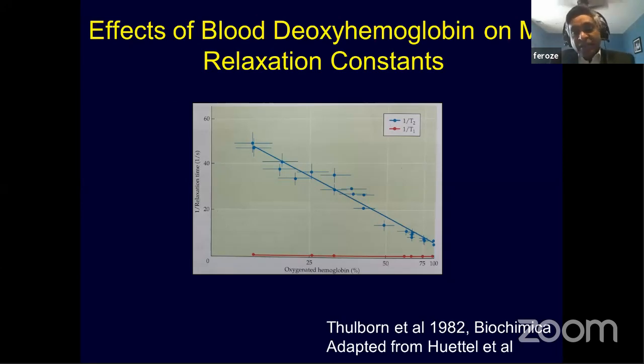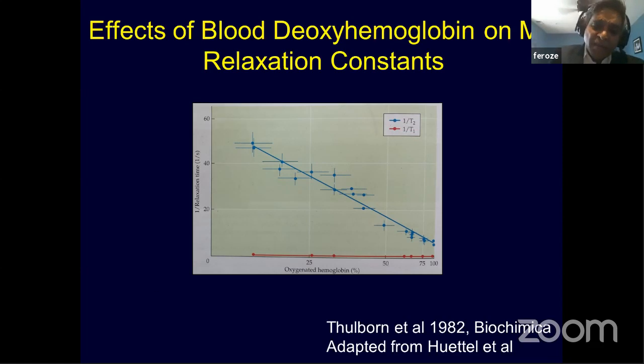But it was not until the 1980s that this discovery was translated into the clinic, when NMR was being thought of as useful for potentially imaging the human body.